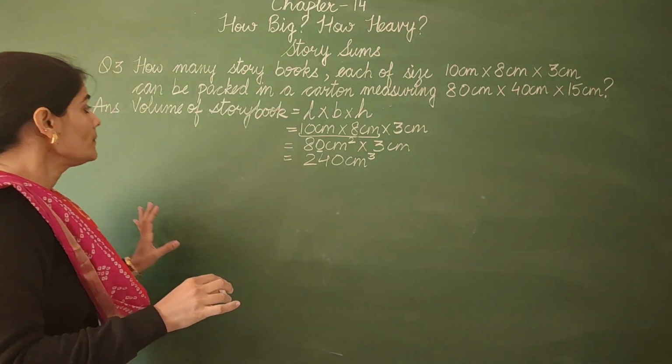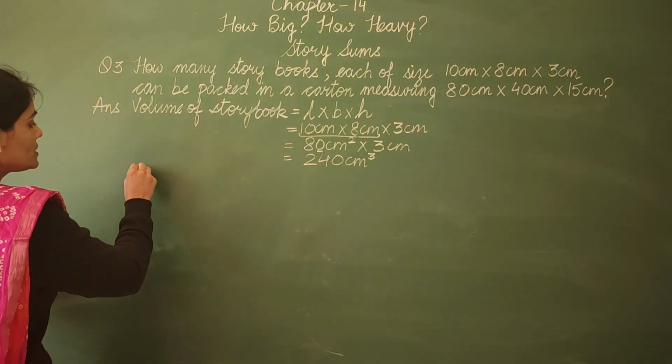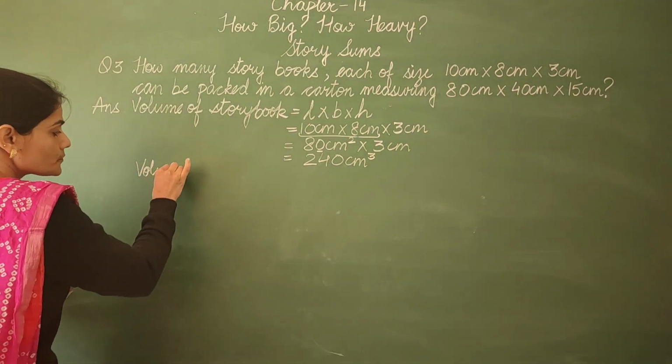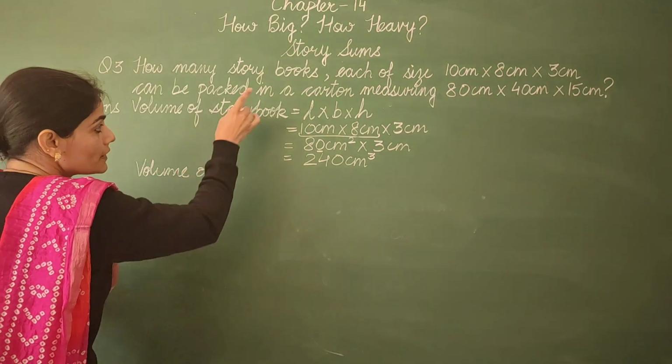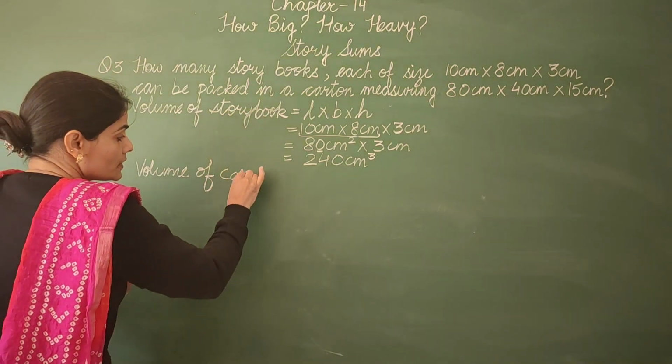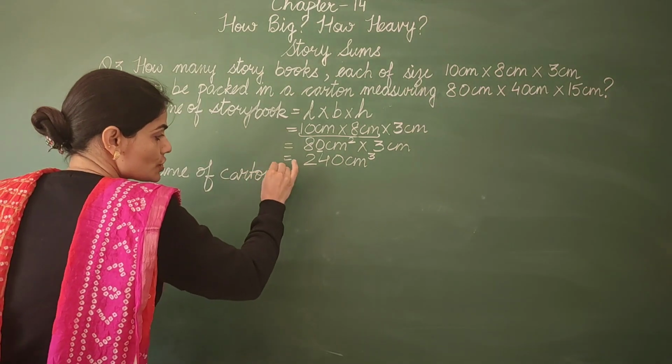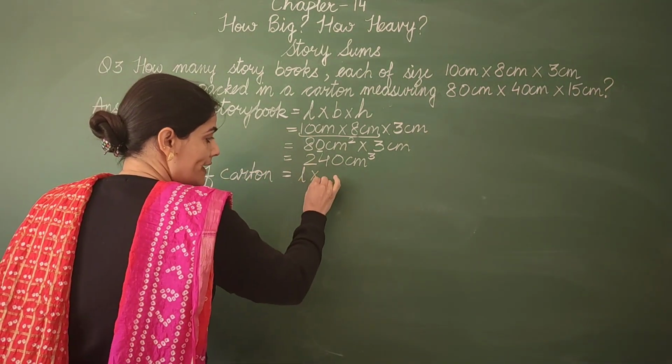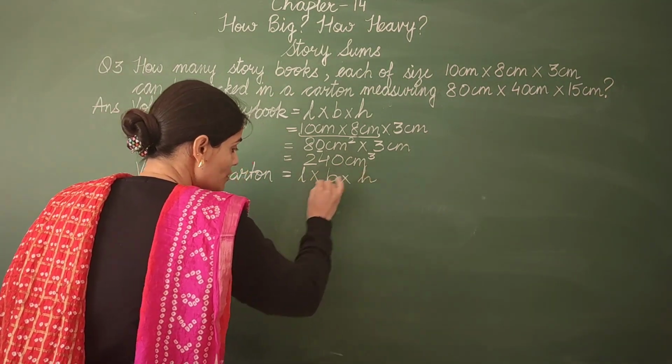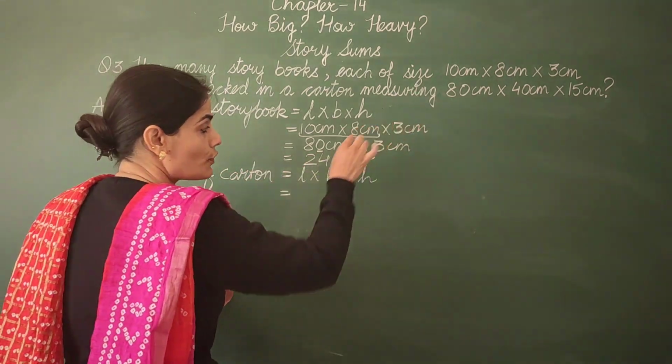Clear, everybody? Now we find the volume of the carton. What are the dimensions, children? The formula will be the same, L into B into H. Let's put the values in the formula.